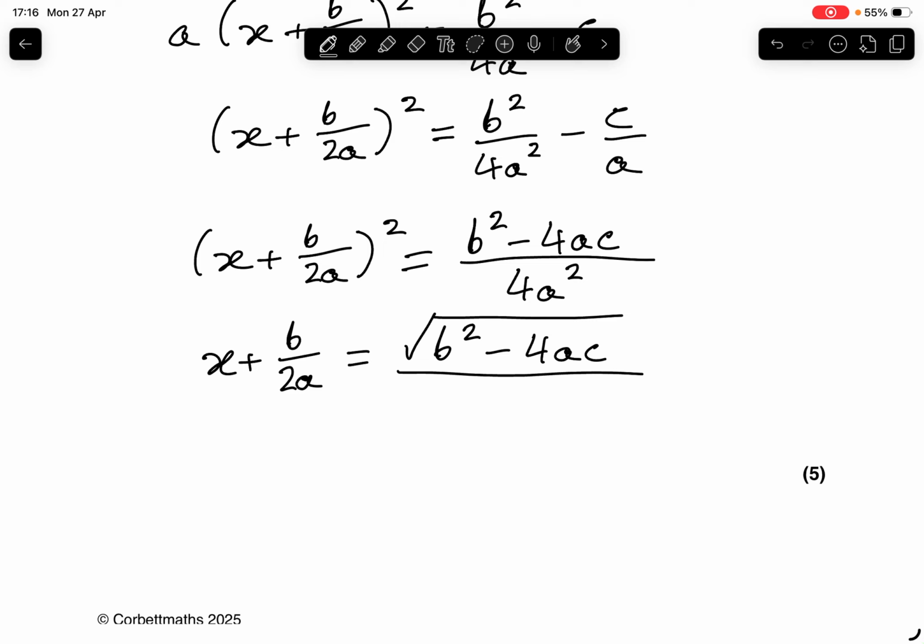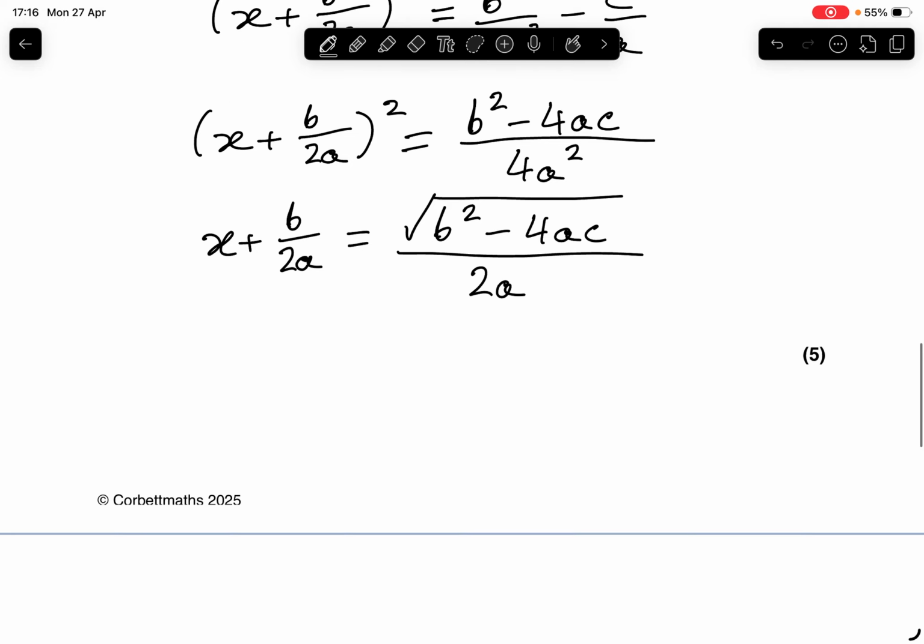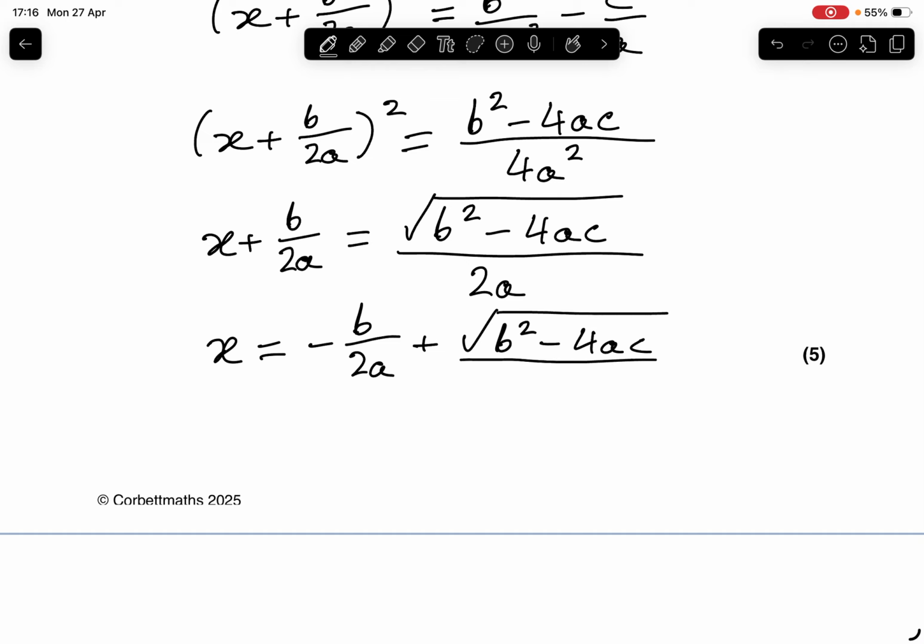But I need to square root that, so it's going to give me 2a. Right, we're almost there. Now we just need to subtract b over 2a. So x is equal to negative b over 2a plus root b squared minus 4ac over 2a.